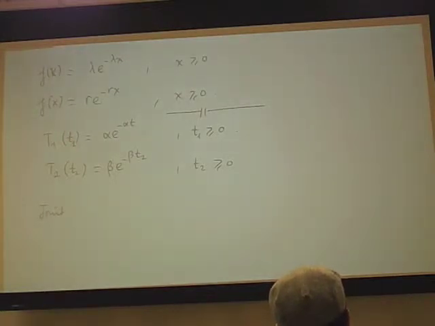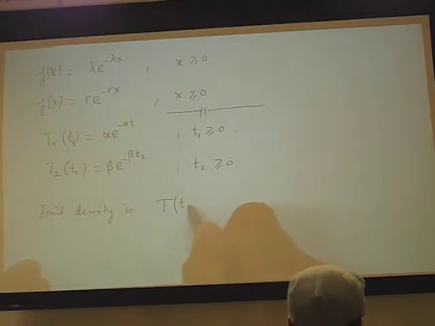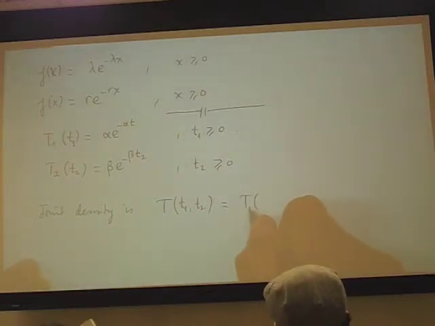So the joint density, let's call it T of T1, T2, is equal to T1 of t1 times T2 of t2, correct?